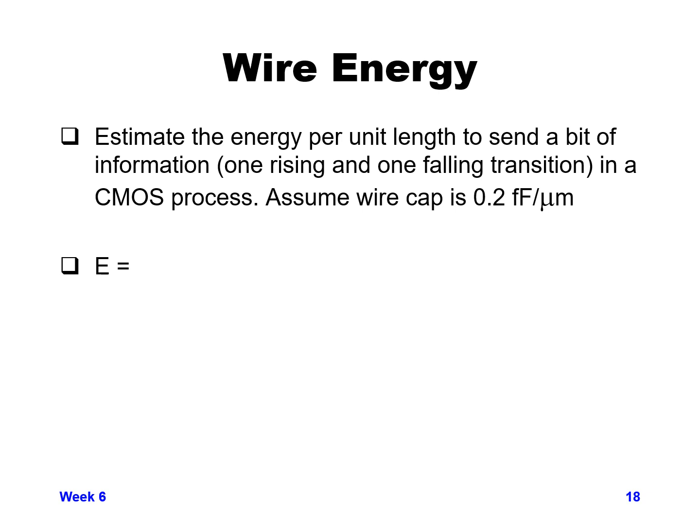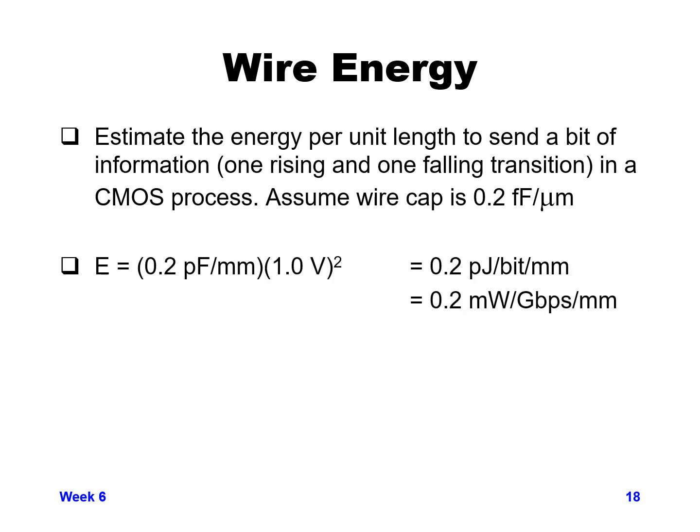Let's assume a wire cap the same as we just went through in the previous example of 0.2 femtofarad per micron. So if we do that calculation, 0.2 femtofarad per micron is equal to 0.2 picofarad per millimeter.